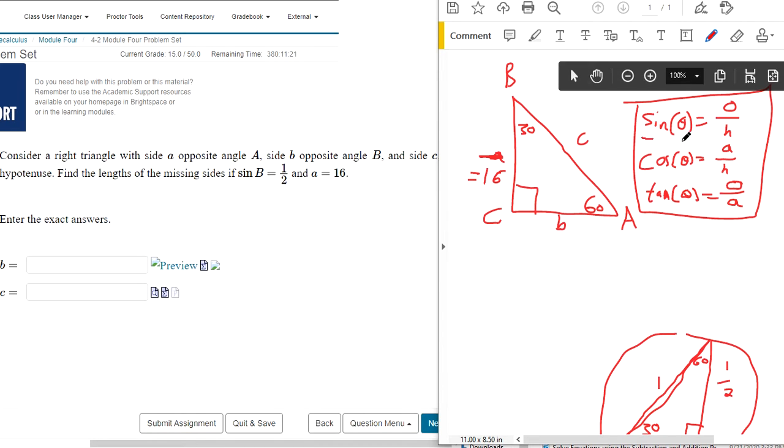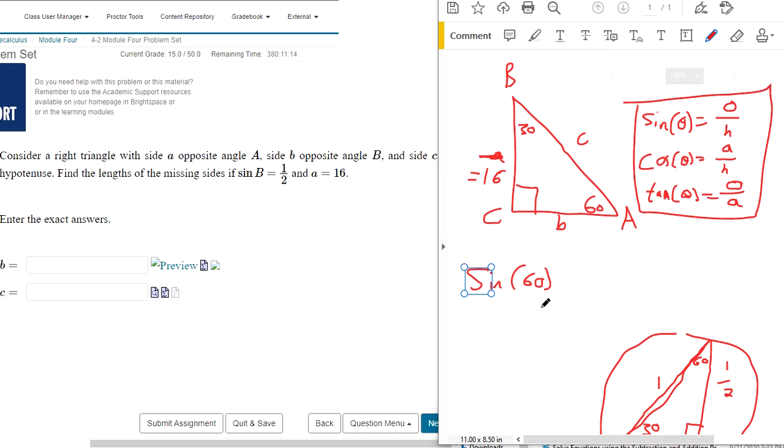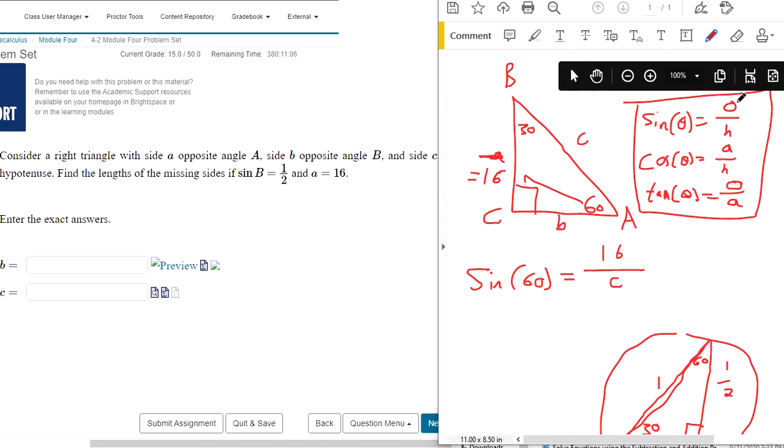We want to put either one of those in our equation. So let's think about the sine ratio. From the 60 degrees perspective, sine of 60 equals the opposite side divided by the hypotenuse side. 16 was the opposite side, so I put that in for O in the sine formula. And then the hypotenuse of the triangle is letter C. This is an equation that I can solve, right?